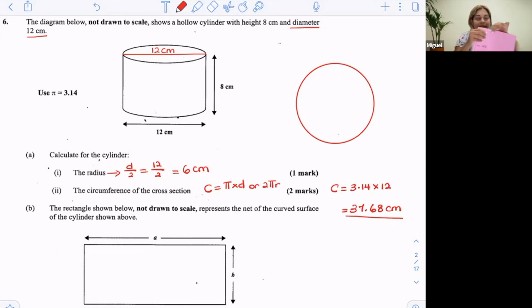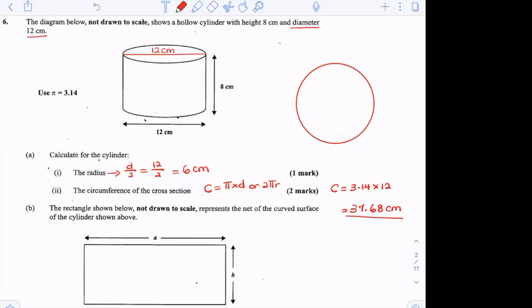The length here, which is the 37.68, is actually the circumference of the circle. It's not 12. This length that I asked you to find the circumference of is actually 37.68. Are you all seeing that?